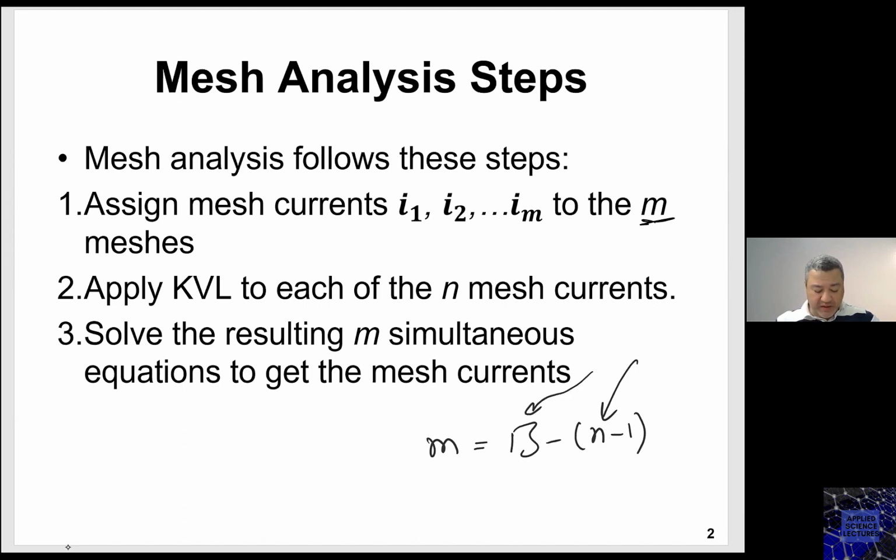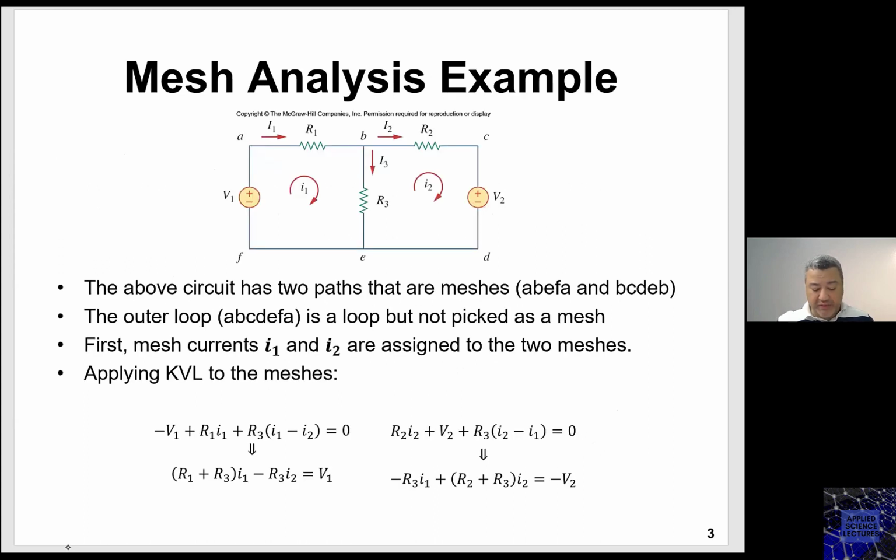As we will see later on, in this circuit, for example, if we count the number of nodes, A is 1, B is 2, C is 3, D is 4, and E and F are all the same node. So here I have this as one node, this one as a node, this one as a node, and this one as a node.